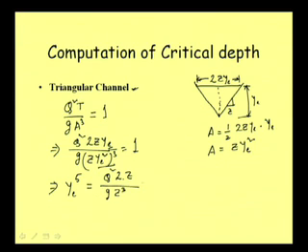So, finally, we can have it in the form that y c to the power 5 is twice q square by g z square.